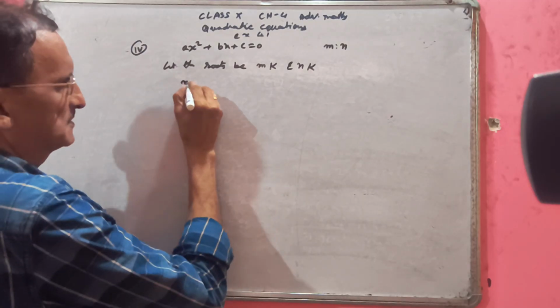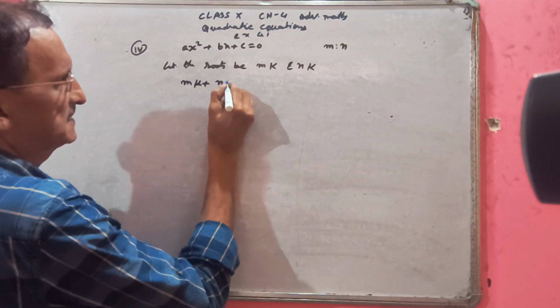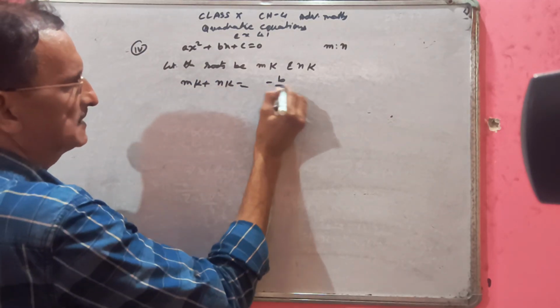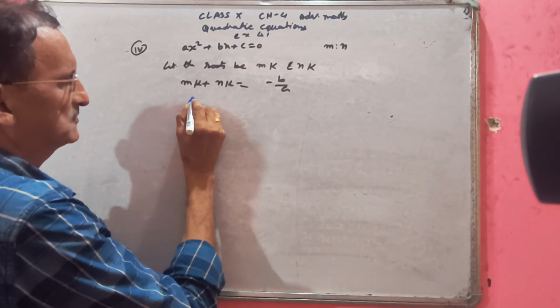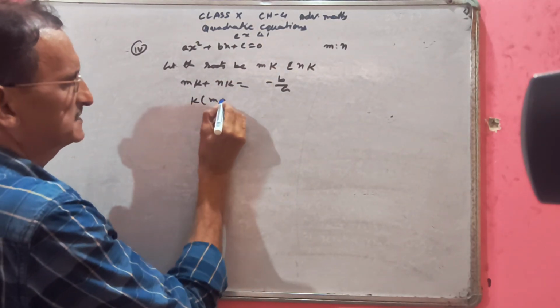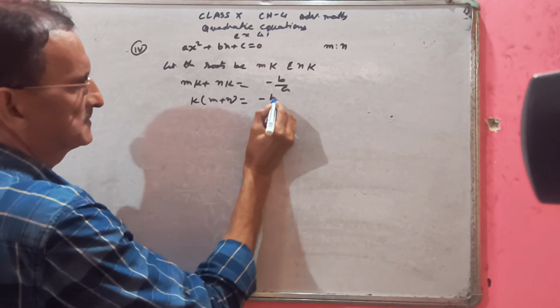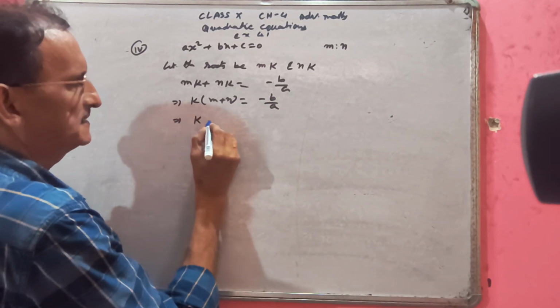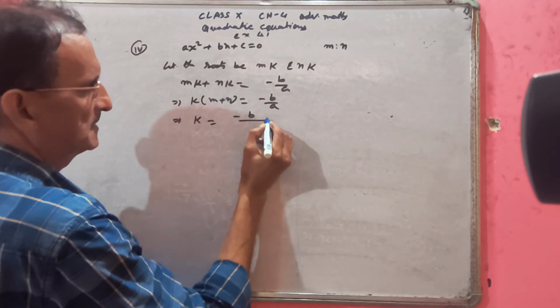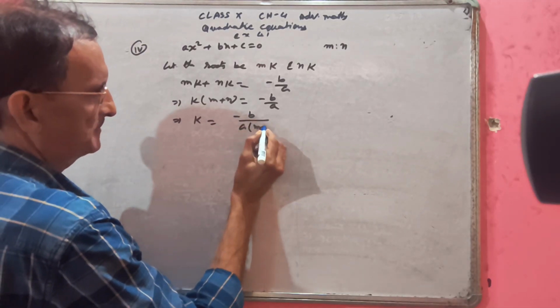So now find the sum of roots. Mk plus nk is equal to obviously minus b by a, because this is the general form only. So k is common, no? K into m plus n is equal to minus b by a. So from here we can find k equal to minus b by a into m plus n.